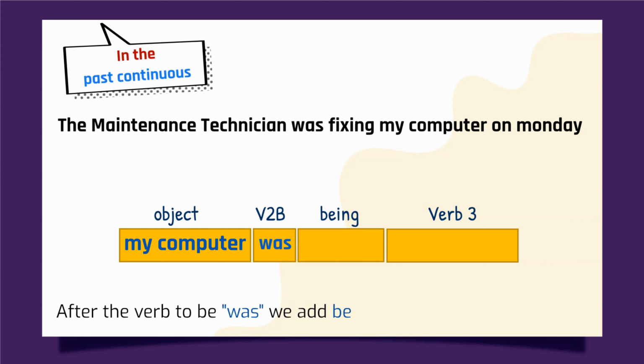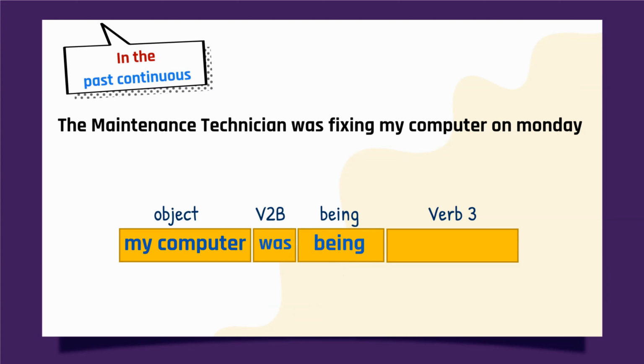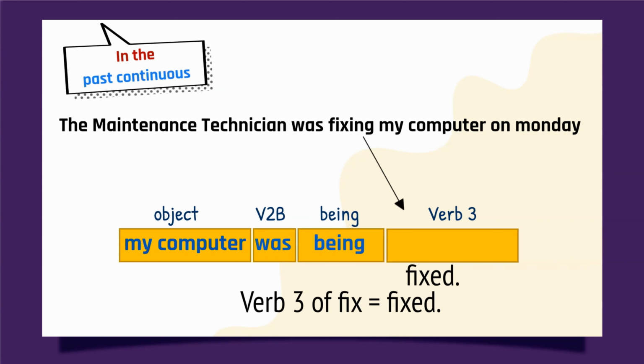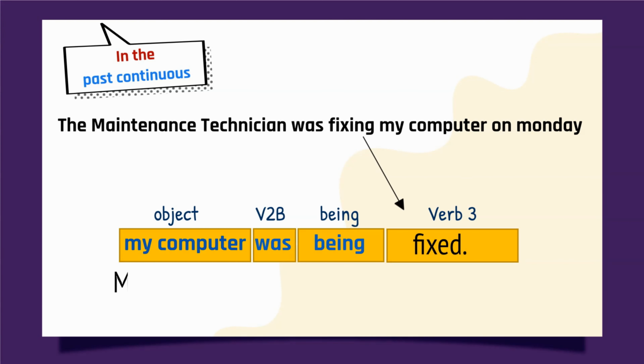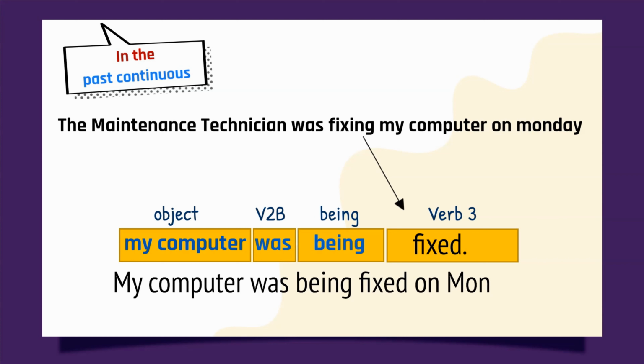After the verb to be was, we add being in the past continuous. Verb 3 of fix becomes fixed. My computer was being fixed on Monday. Or we can say, my computer was being fixed by the maintenance technician on Monday.